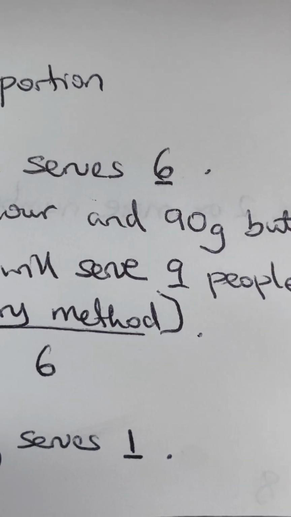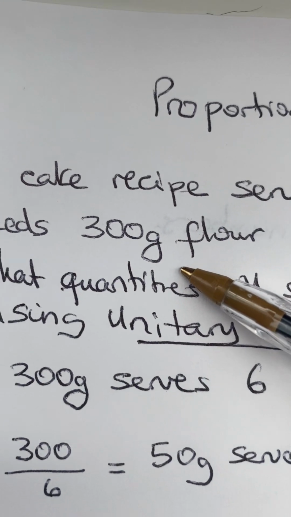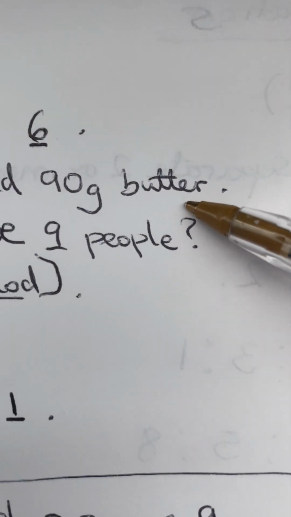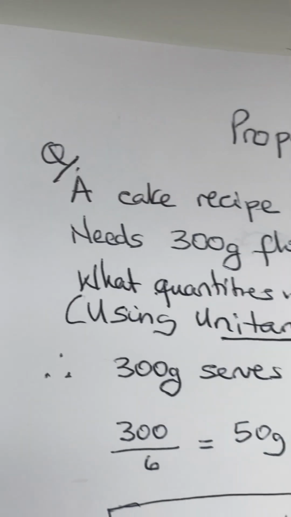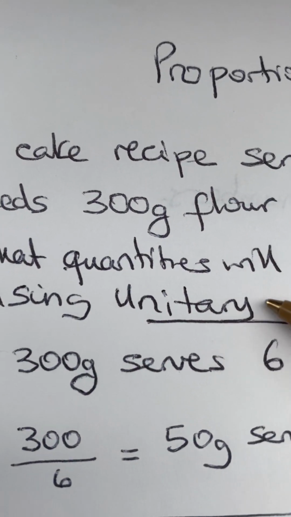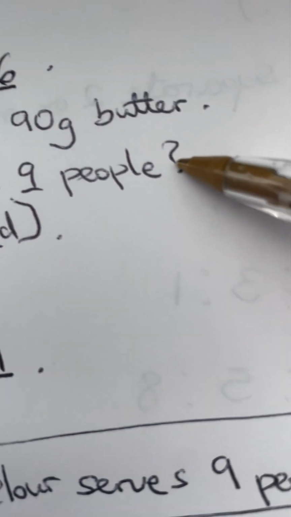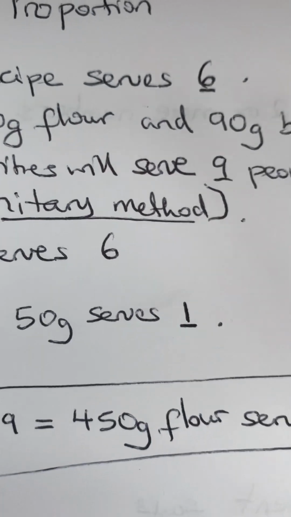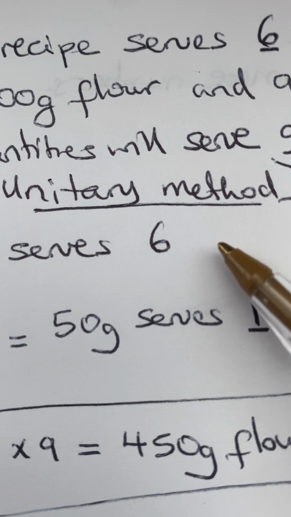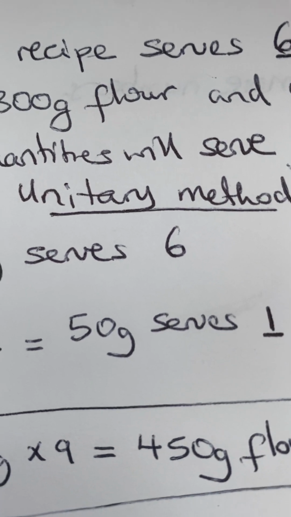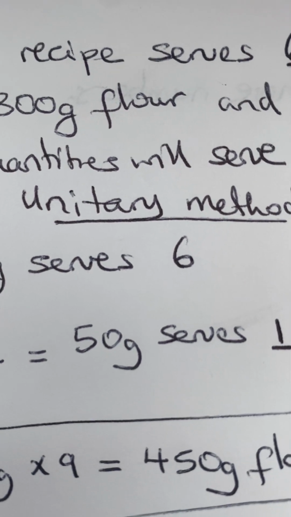So in addition to the other ingredients, you need 300 grams flour and 90 grams butter to serve 6 people. The question is, what quantity will serve 9 people? So I'm going to use the unitary method. I'm going to find how many grams will serve 1 person.